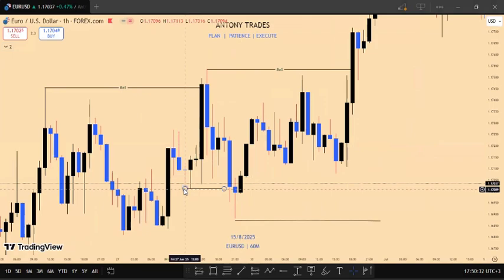So you can see here the market swept this minor liquidity or minor inducement. So that one validates this one to be a valid pullback.